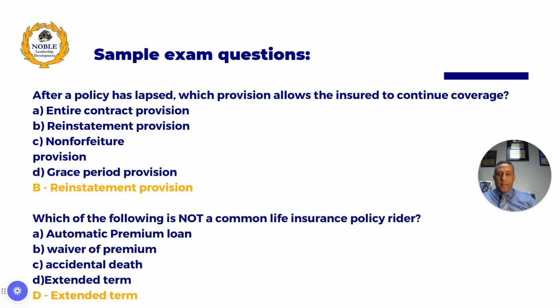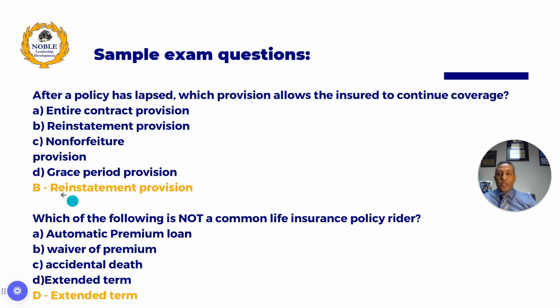After a policy has lapsed, which provision allows the insurer to continue coverage? The policy has lapsed, meaning the grace period ended. 30 days has finished. So what will allow you to continue coverage? The entire contract provision, reinstatement provision, non-forfeiture provision, or grace period provision.